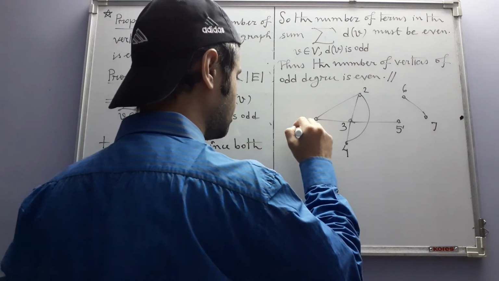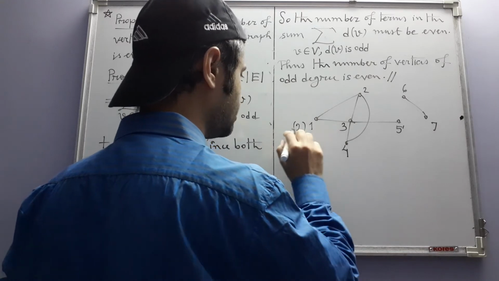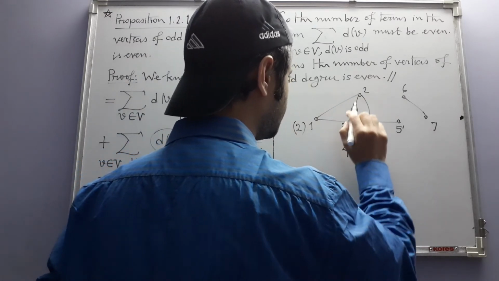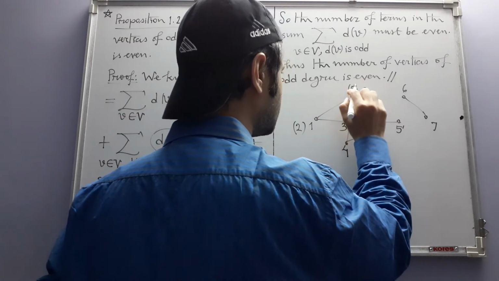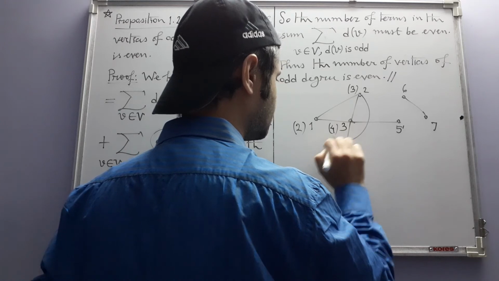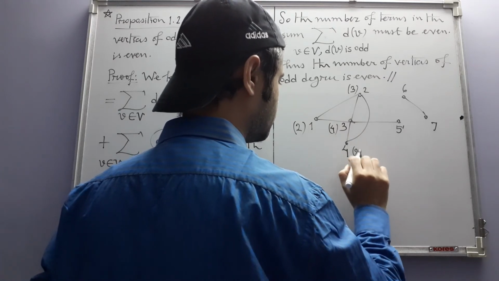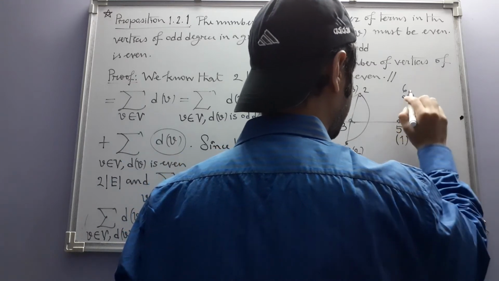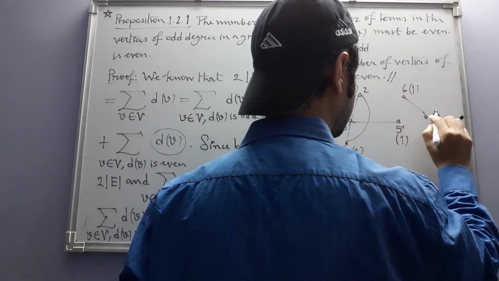The degree of 1 is 2. To distinguish the degree, we will write it within round brackets. The degree of 2 is 1, 2, 3. So 3. The degree of 3 is 4. For 4 the degree is 2, for 5 it is 1, and for both 6 and 7 it is 1.